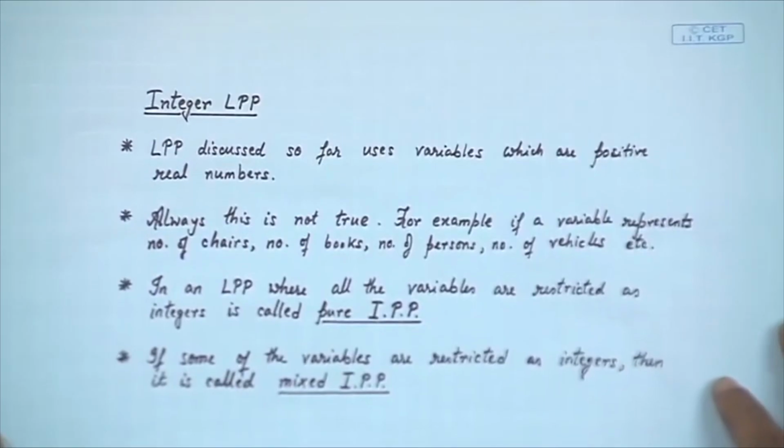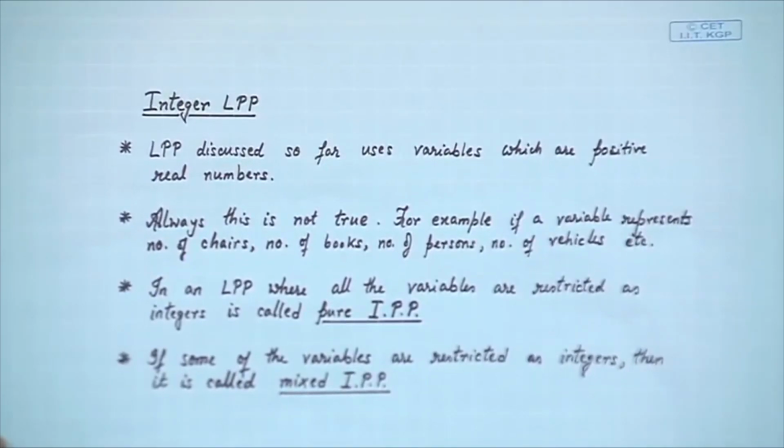So, you have to find certain other algorithm similar to your simplex method, by which we can get the integer solution. So, let us see this one in the integer LPP.